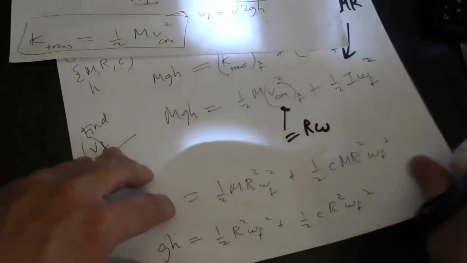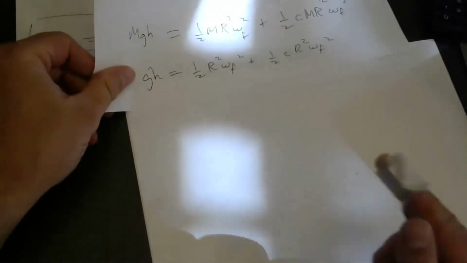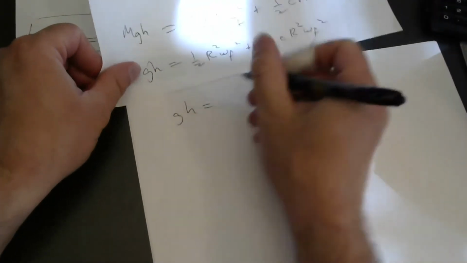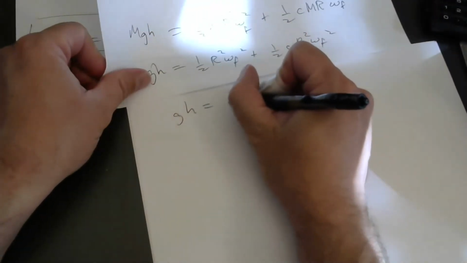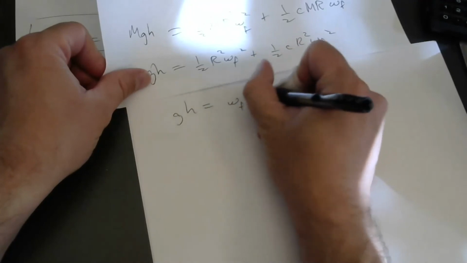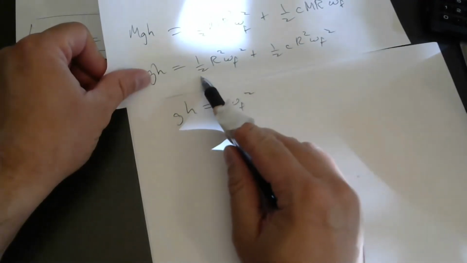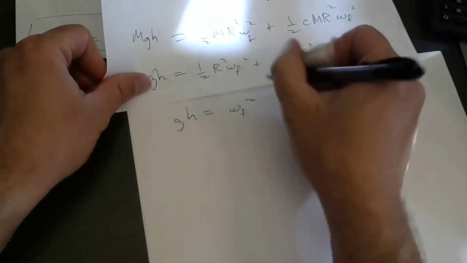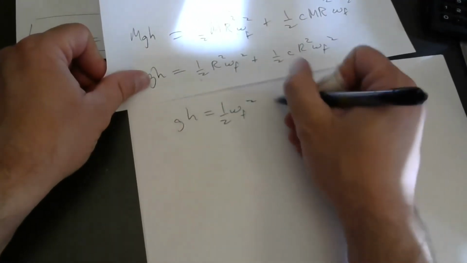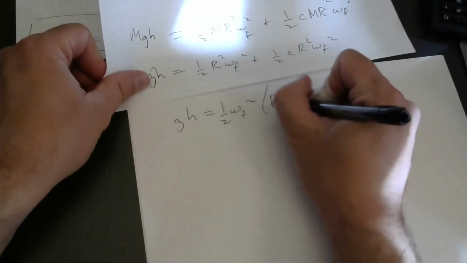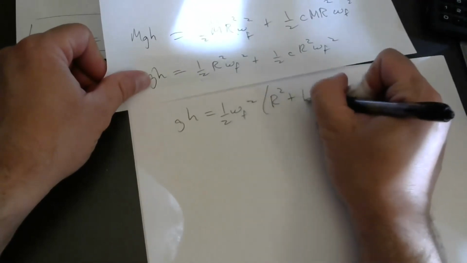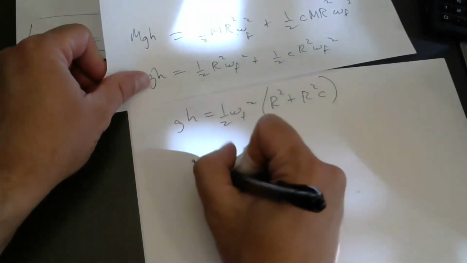Let's factor out omega final squared. Yeah, we do need to factor. So GH is equal to omega final squared times, actually what I can factor out is a 1/2. See how both terms have a 1/2? So I'll put 1/2 omega final squared times, darn it, I could have factored out the R squared as well.